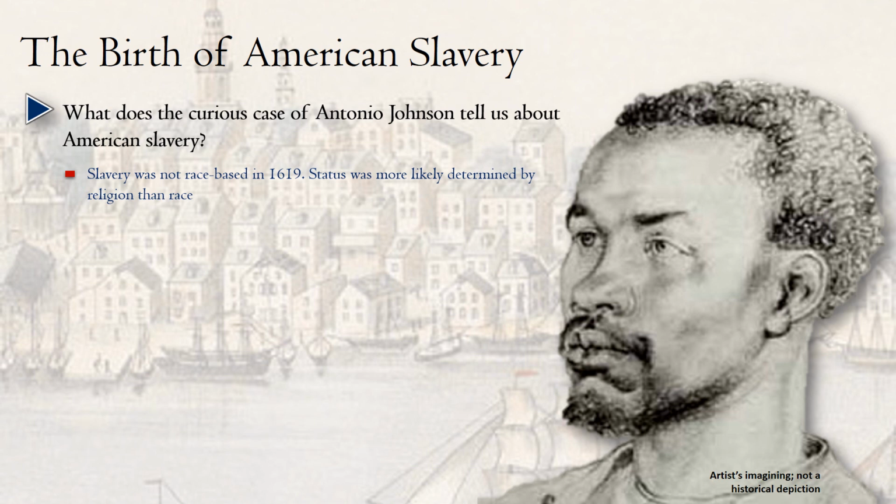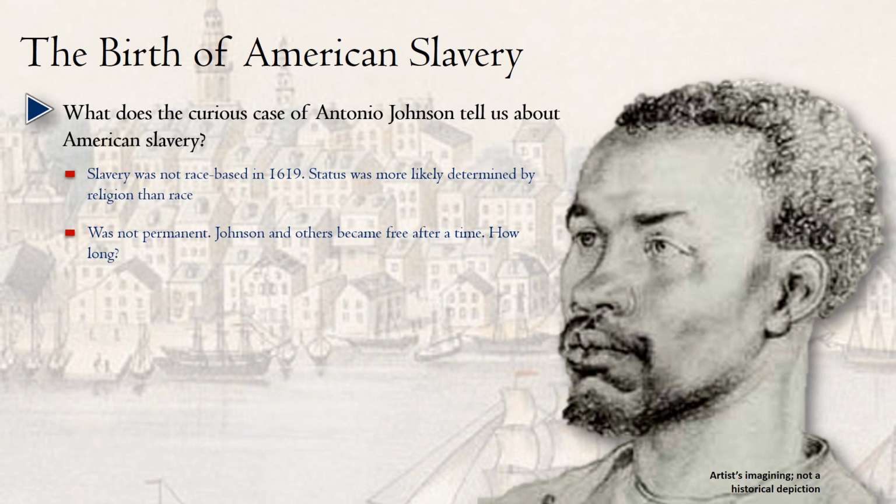Status was much more likely to be determined by religion than race. Christians were not supposed to enslave other Christians. Also, slavery was not seen as permanent in 17th century or early 17th century Virginia. Johnson and others certainly became free after a time. How long was their service?